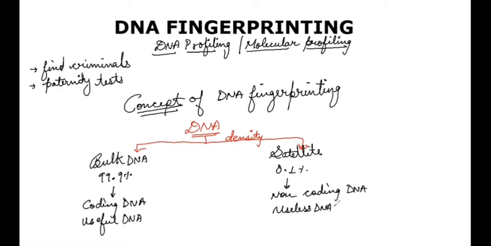Clear? Now, these satellite DNA are actually repetitive sequences of nucleotides, where the nucleotides are repeating continuously.